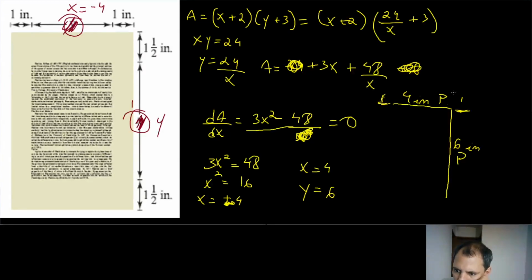And over here at the top you have 1.5 inch, and here at the bottom you have 1.5 inch. So there you go. Okay, I'm going to stop this video now.